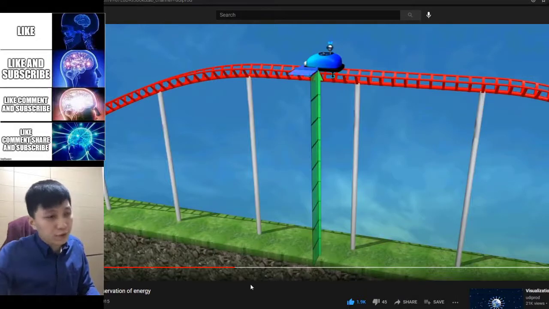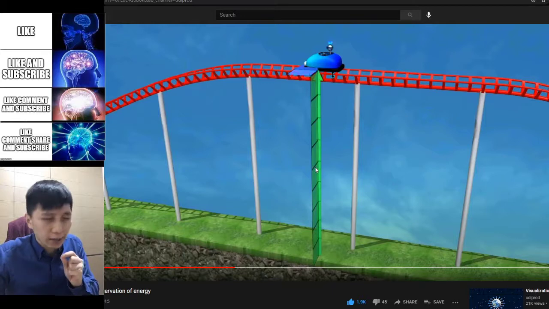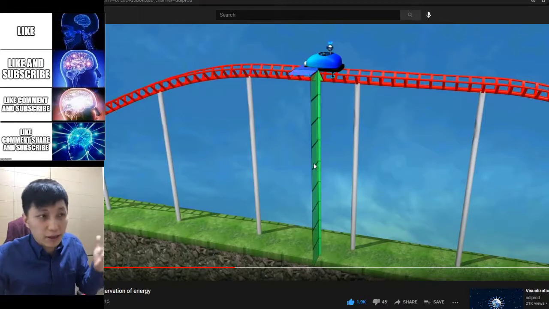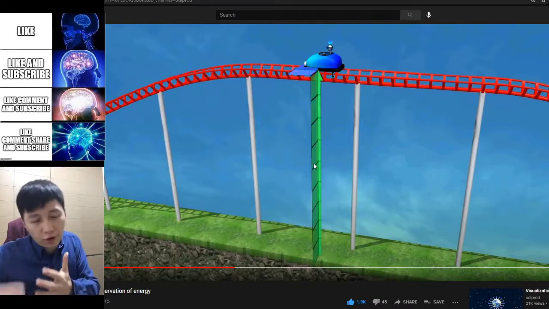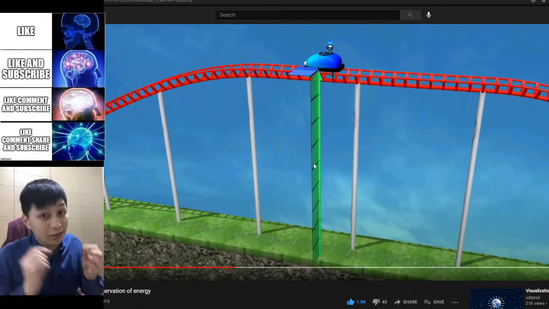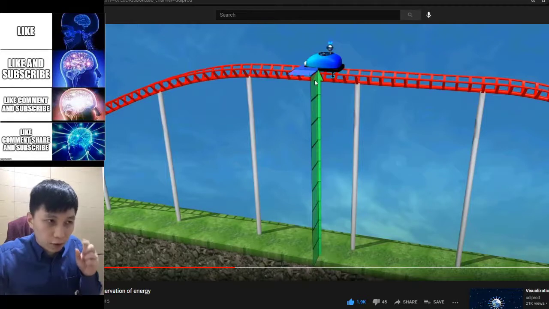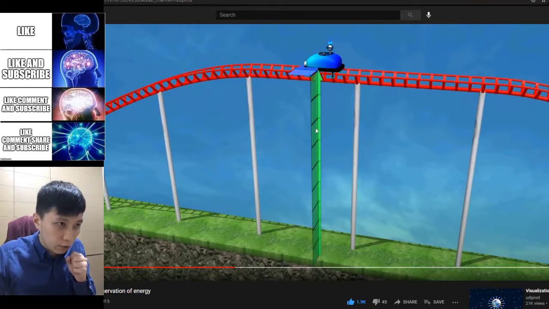One thing you should observe is that if you count the number of squares for each energy, they will conserve. That means they literally convert from one to another without getting more or less in total. Originally you have KE with 1 grid, while for GPE you can count 1, 2, 3, 4, 5, 6, 7, 8, 9.